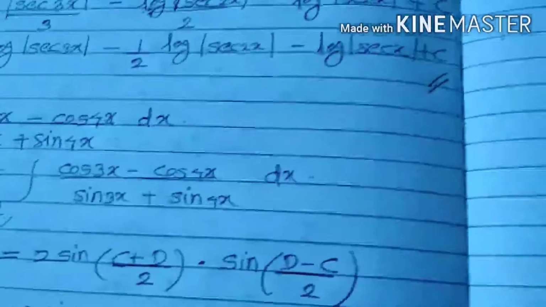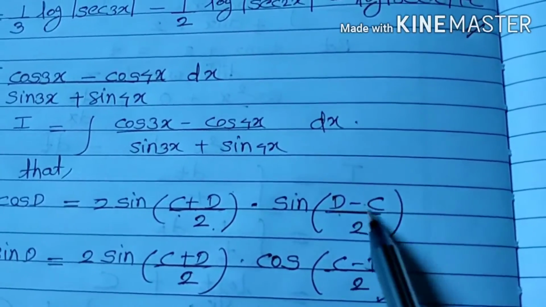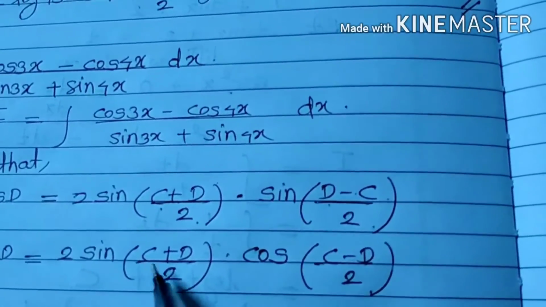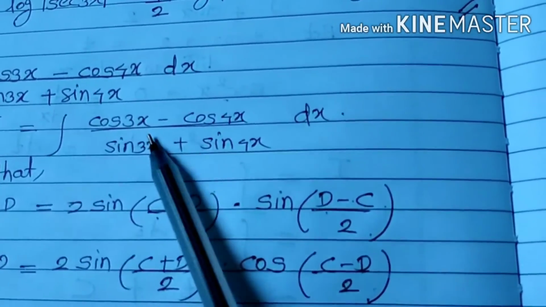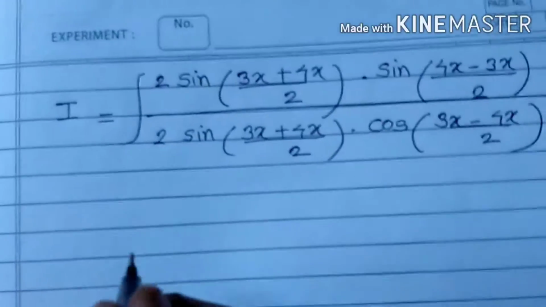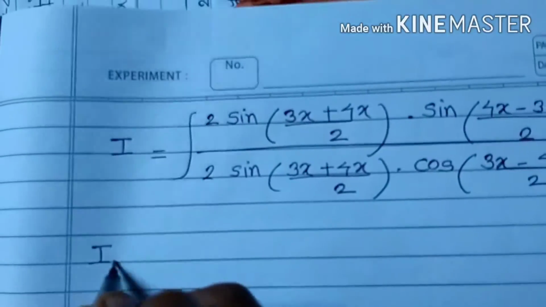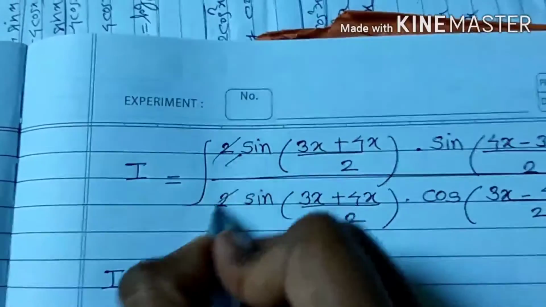You can observe here, this is (C plus D)/2 into (D minus C)/2, and here is (C plus D)/2 into (C minus D)/2, where C is 3x and D is 4x. So calculate this. I is equal to integration of 2 gets cancelled.